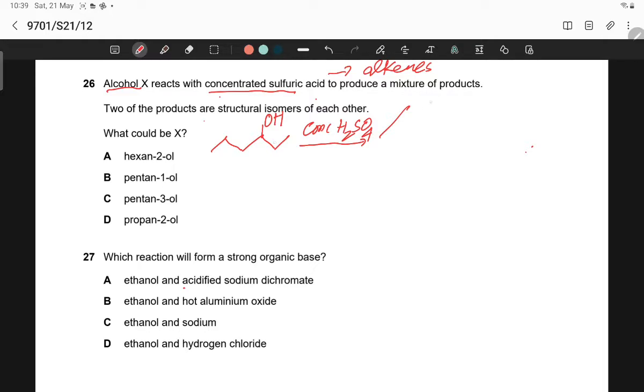One is this, with carbons 1, 2, 3, 4, 5.